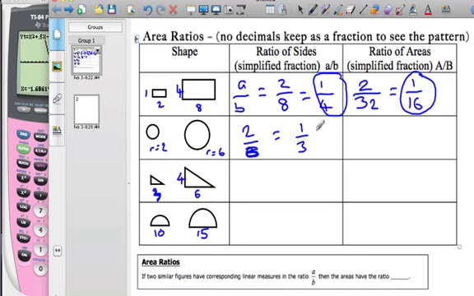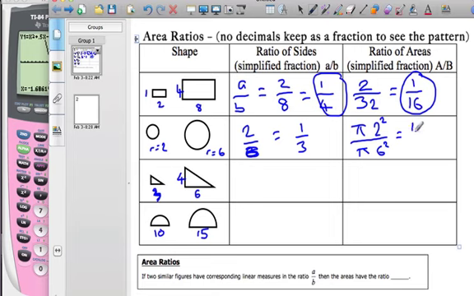Okay, looking at the areas, let's just do the areas in terms of pi. So the area is pi times 2 squared for the small shape. And for the other shape, it's pi times 6 squared. I can simplify that.